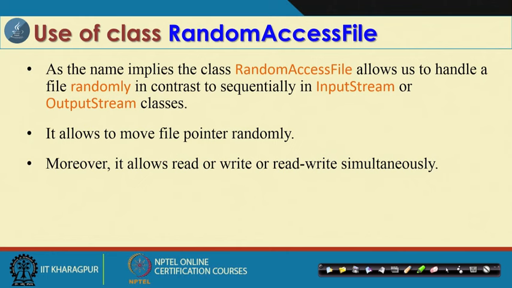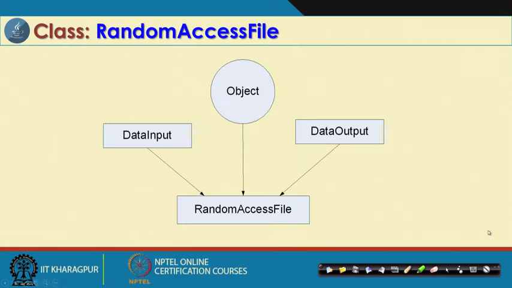In read mode it is used as an input, and in write mode it is used only for the output. But random access lets us do both together, read and write simultaneously. We will see exactly how this random access file mechanism works in a Java program.